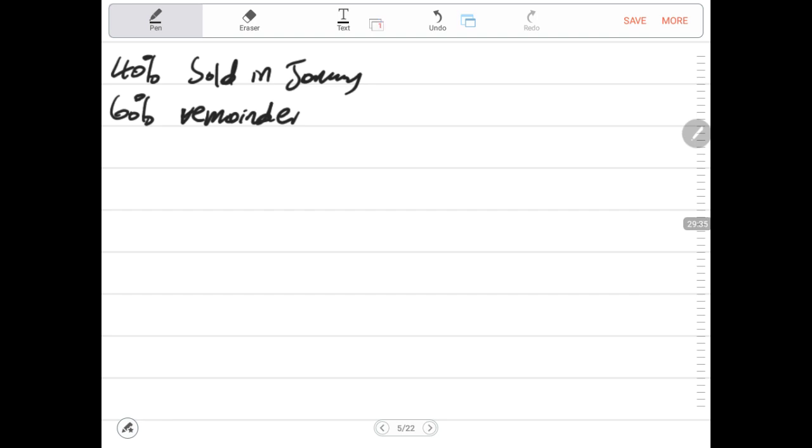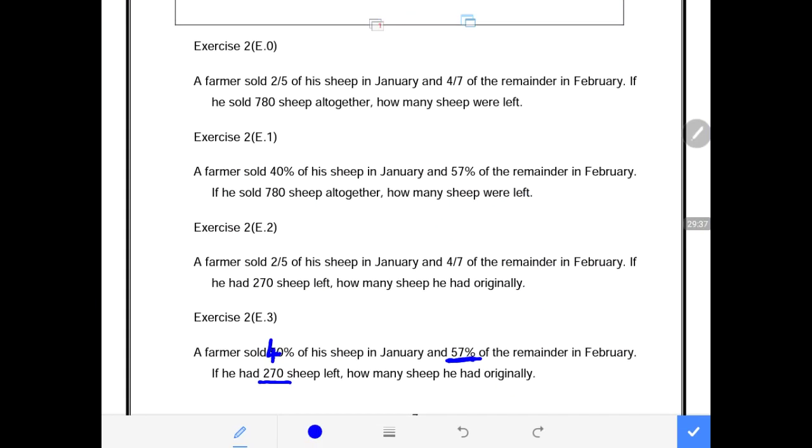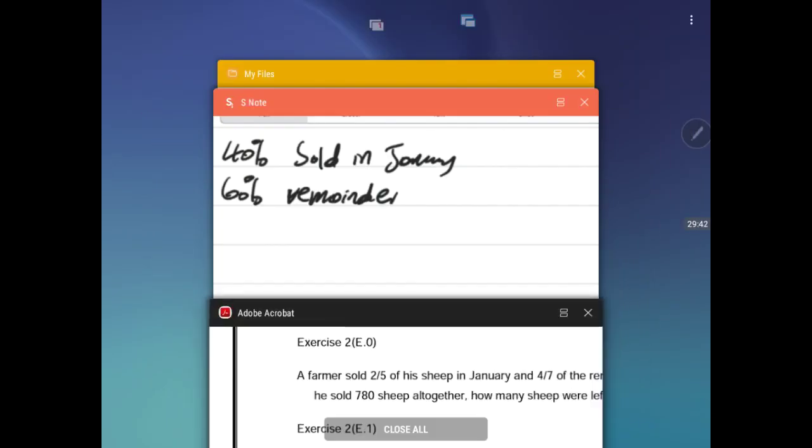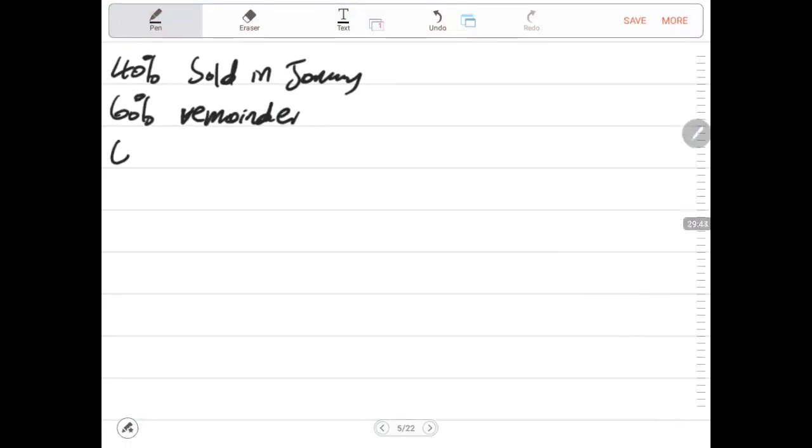Then in February, how much is sold? In February, he sells 57% of the remainder. Then it will be 60 times 0.57, which is equal to 34%, meaning it sold 34%.